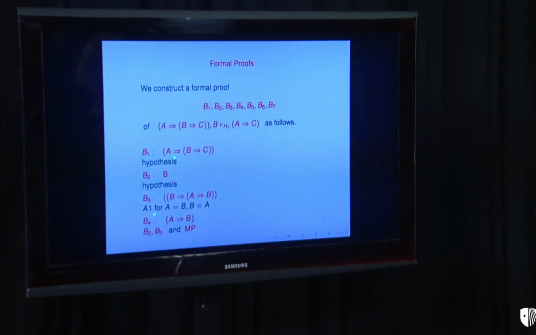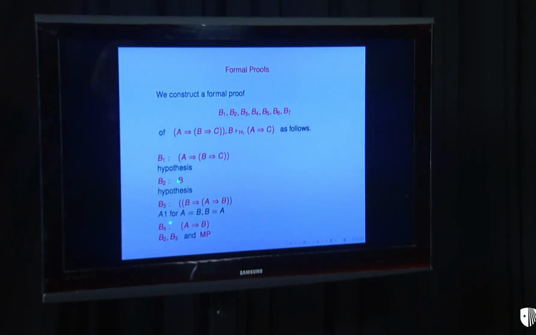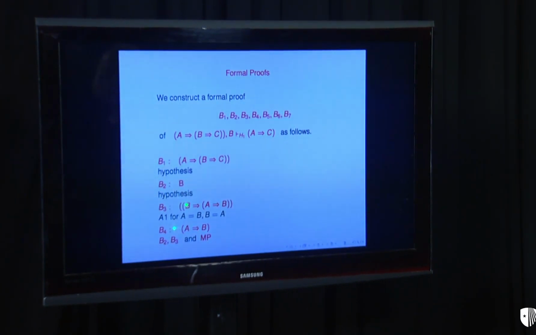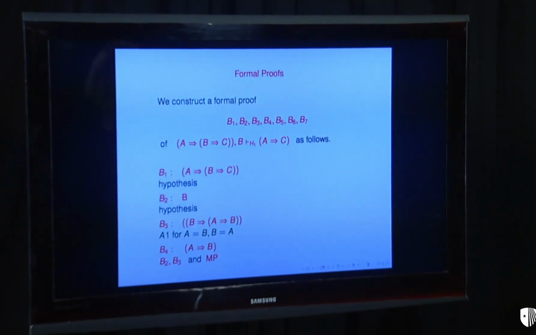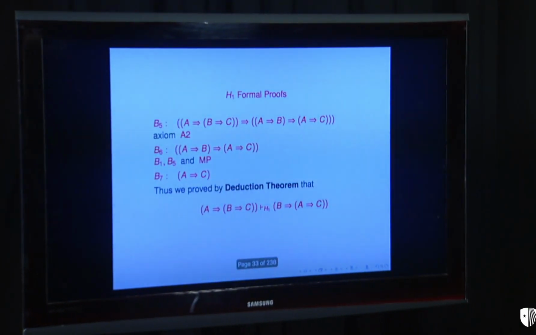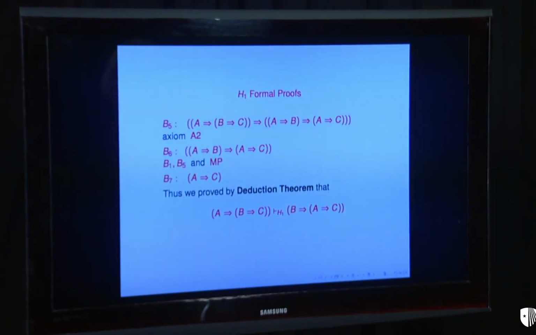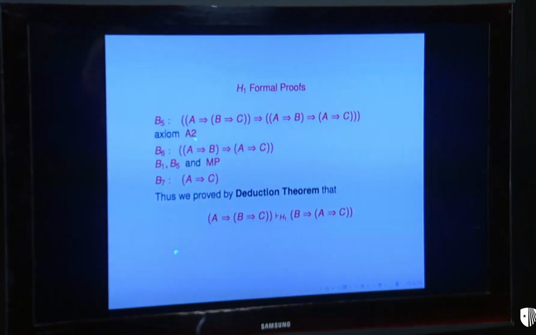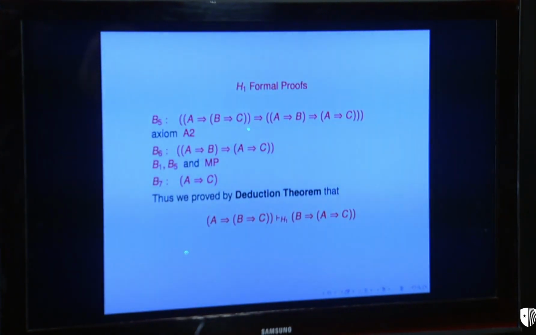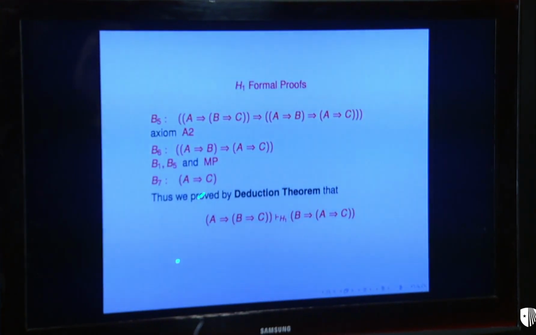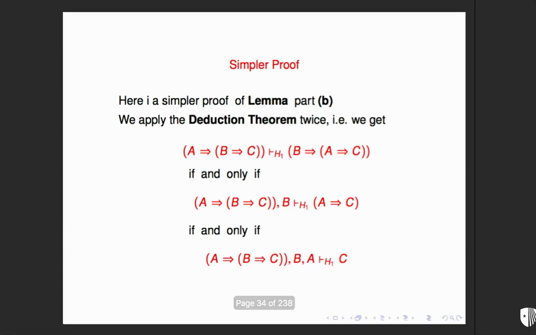I have B, and also I have axiom A because I want to cut this B. So I have axiom A. I cut this B, so I have A implies B, and now I can write the axiom 2, and I already got this by B1 and B5, so I can cut this, and I have A implies C, and by deduction theorem, I proved what I wanted to prove.